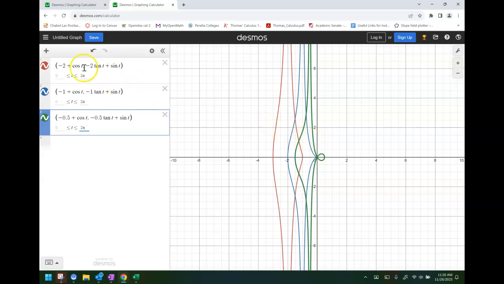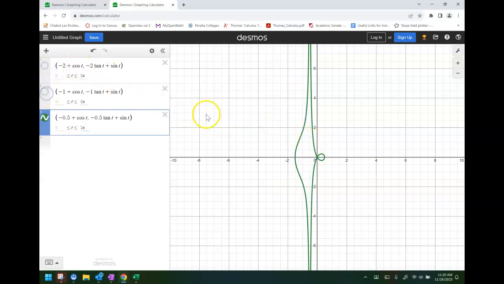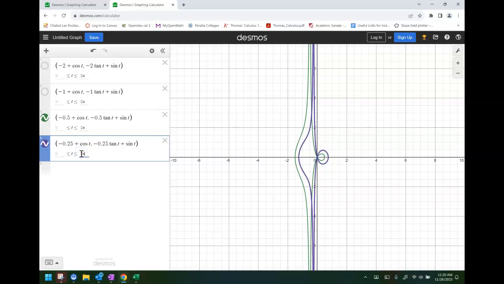Oh, so now here we have a little loop. Let's repeat this, say -0.25. It looks like the loop is getting bigger. So we have a bigger loop.